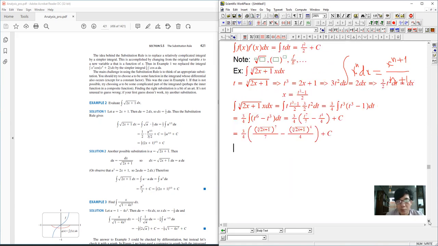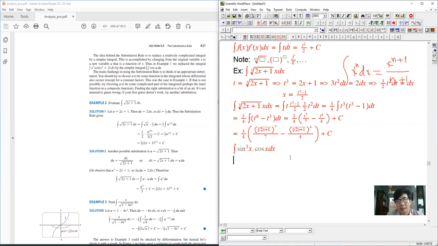Another example: the integration of sine cubed s multiplied by cosine s ds.